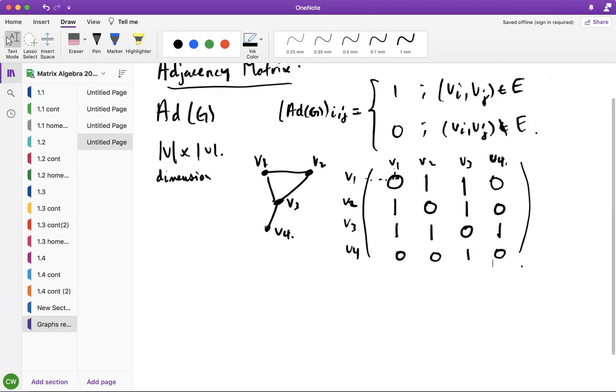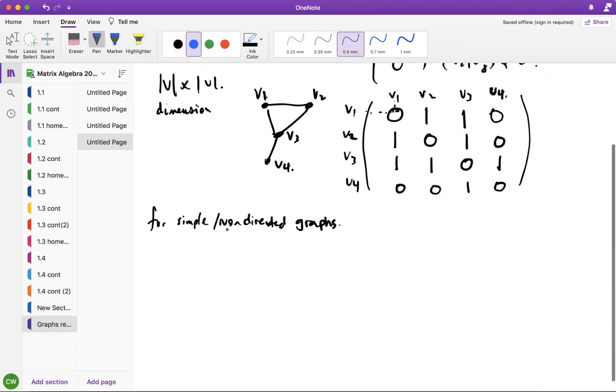So one thing you can notice, just based on the definition, is that for simple, non-directed graphs, first of all, the non-directed part tells you that the adjacency matrix is symmetric, right?